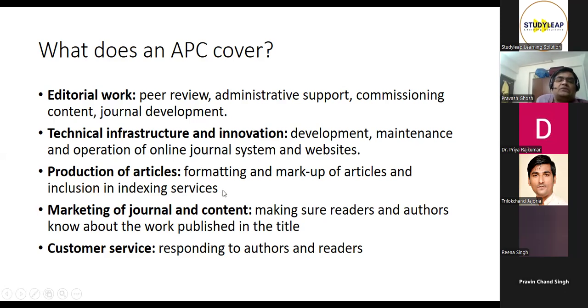Production of articles, formatting, markup, and inclusion in indexing services. Scopus, Web of Science. The journal spends huge money to enter the database, because once they enter the database, the world will see the journal. If they are not in Scopus, nobody will see. The journal keeps publishing, but nobody will see it. Customer service, okay. So these are the major reasons.